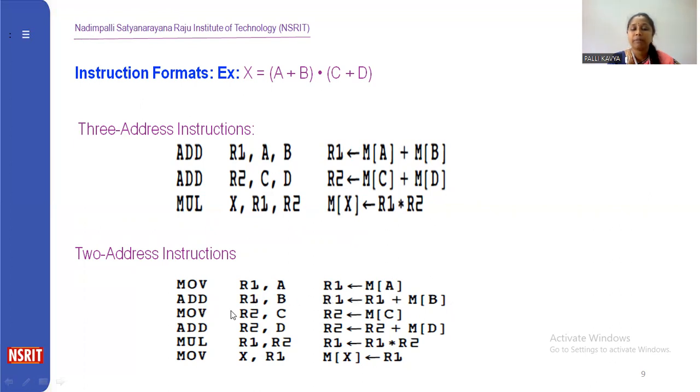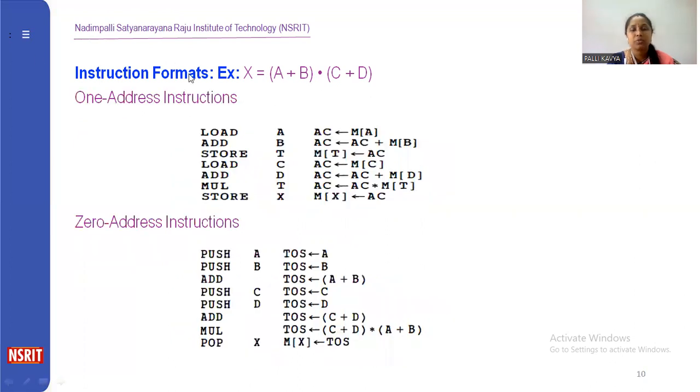Then move R2 comma C, so the data stored in C is stored in R2. Then add R2. Likewise, these operations are needed to perform X equal to (A plus B) into (C plus D).